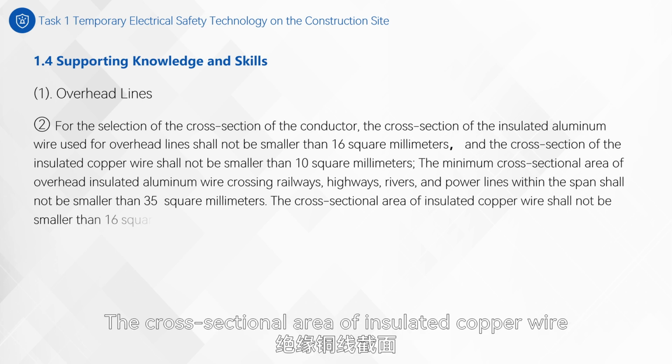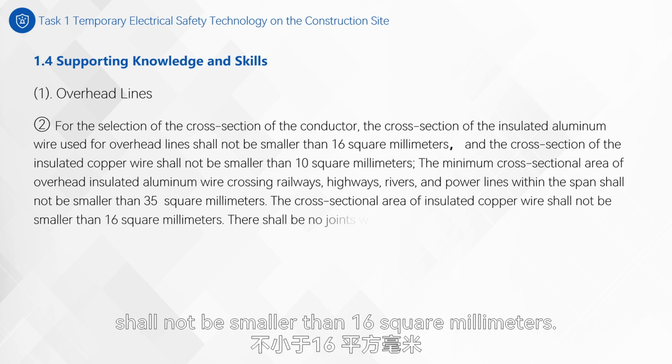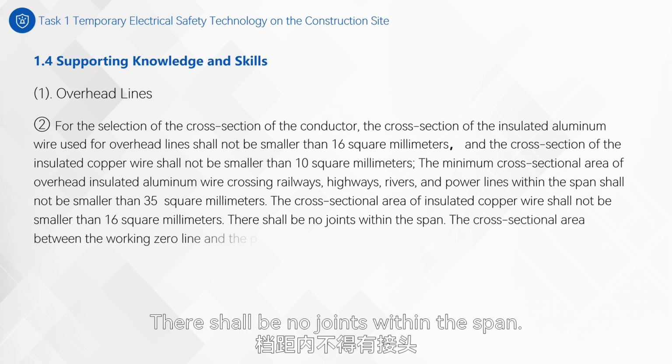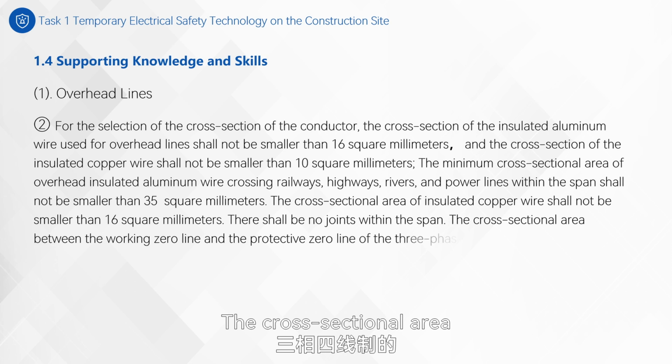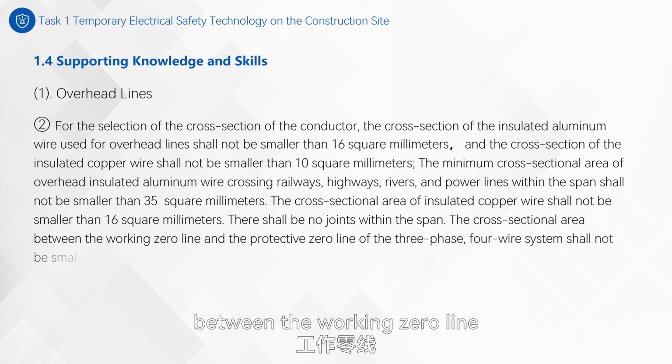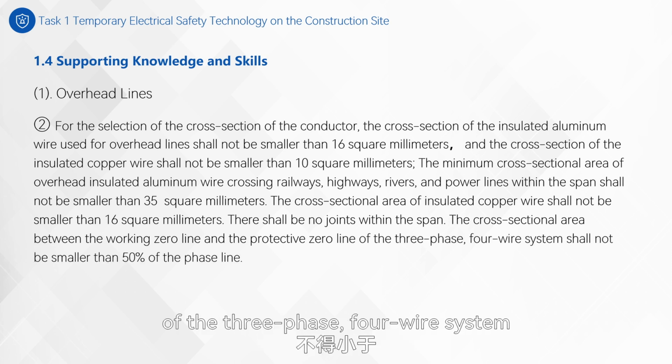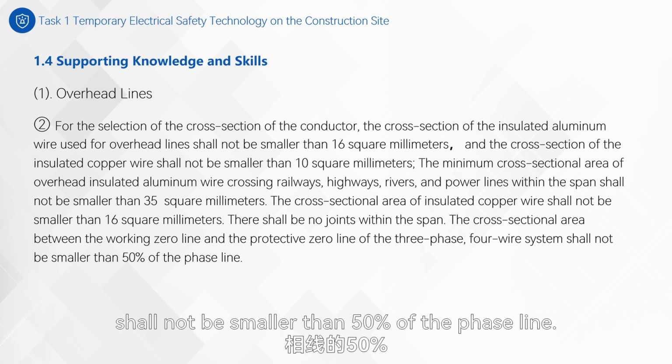The cross-sectional area of insulated copper wire shall not be smaller than 16 square millimeters. There shall be no joints within the span. The cross-sectional area between the working zero line and the protective zero line of the three-phase 4-wire system shall not be smaller than 50% of the phase line.